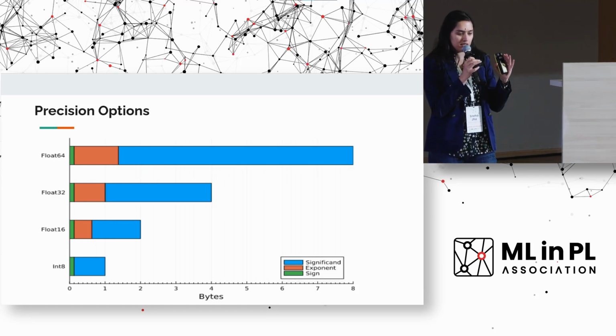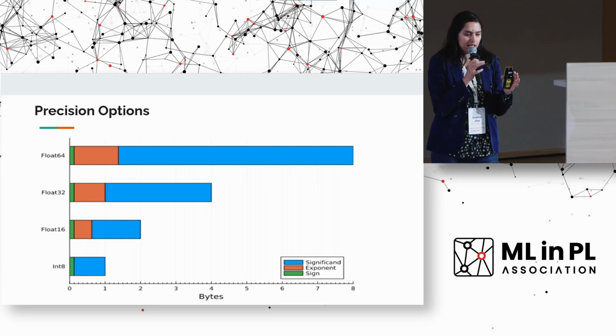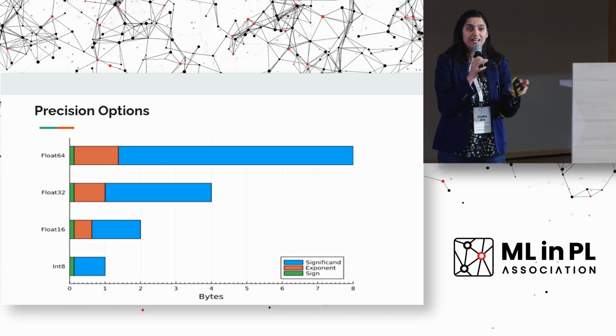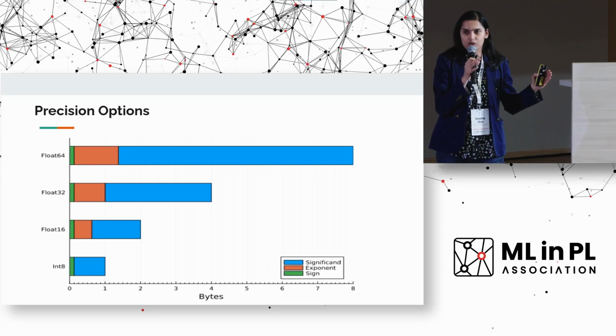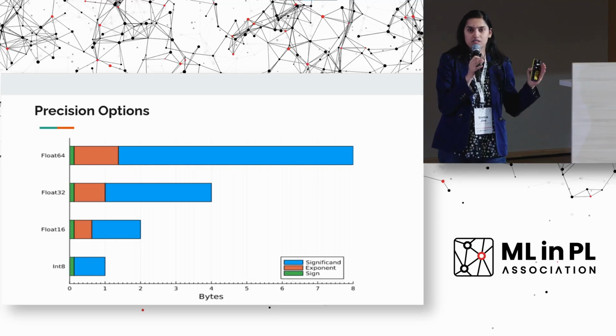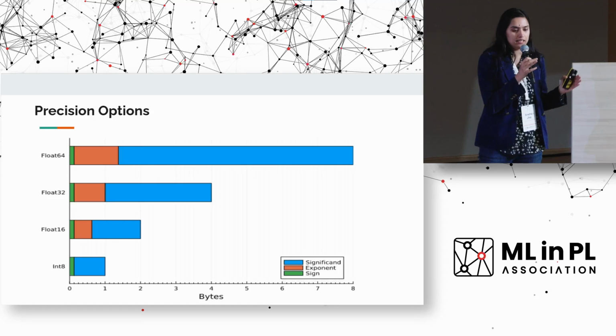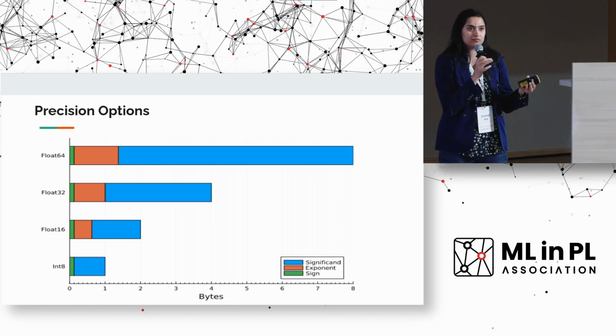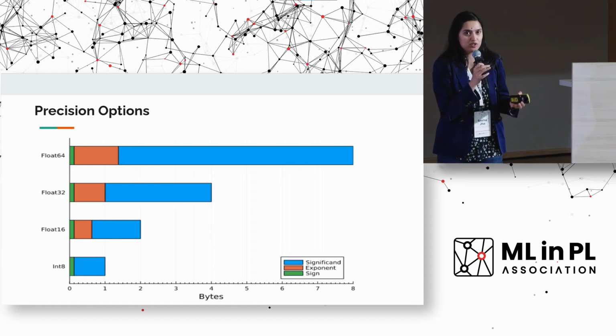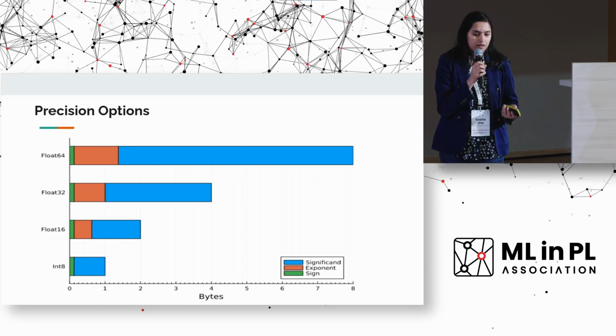And what this differs in is the orange part, which is the dynamic range, which determines what is the range of floating point values your model can handle. And the blue part is how precise it is going to be. So there's a trade-off between the precision and the dynamic range as you go from one to the other.